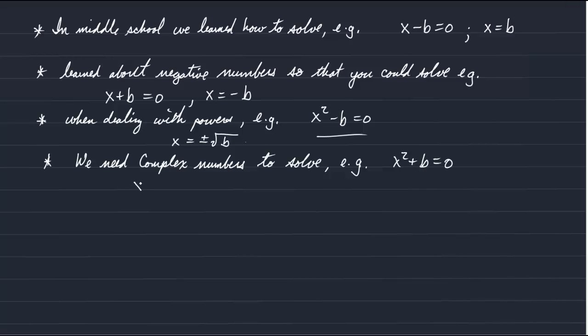And so that means x is equal to the square root of minus 1 times the square root of b, and the square root of minus 1 is defined as i, or i is defined as the square root of minus 1. So the triple bars here means a definition.